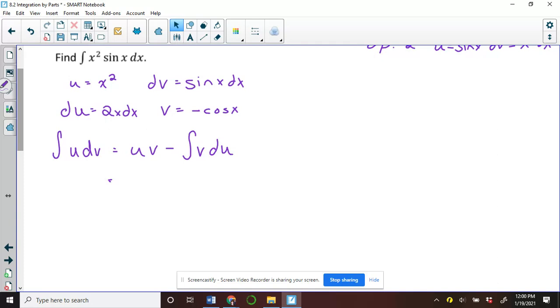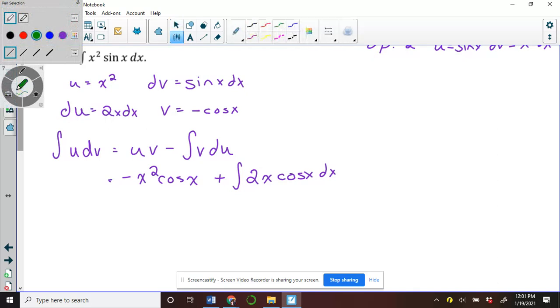And we have negative x squared cosine of x minus a negative, so that would be plus the integral of cosine of x times 2x, or 2x cosine of x dx. As the heading of our example implied, we kind of hit a roadblock. We can't integrate 2x cosine of x either.